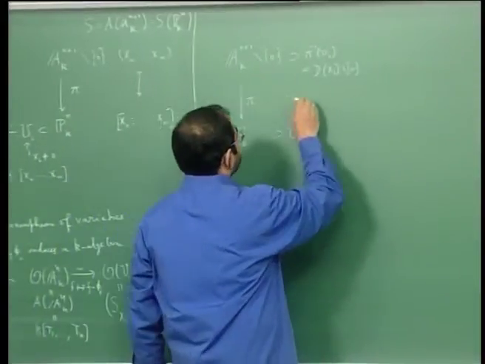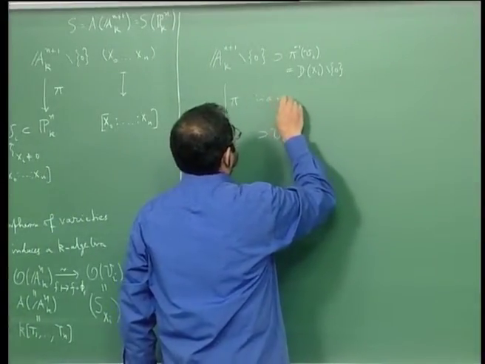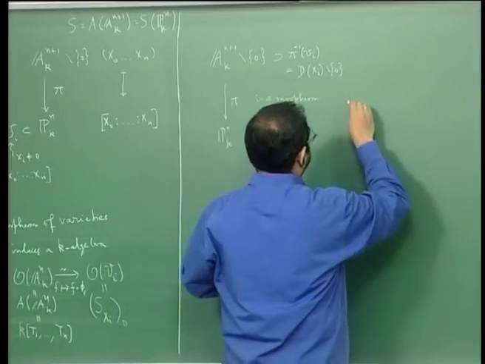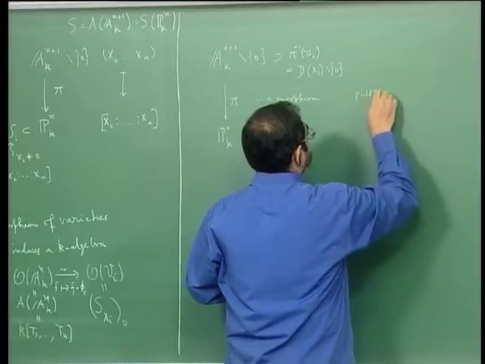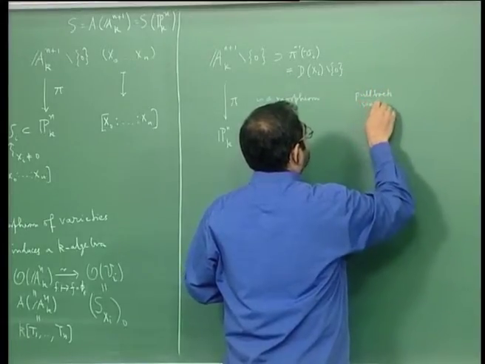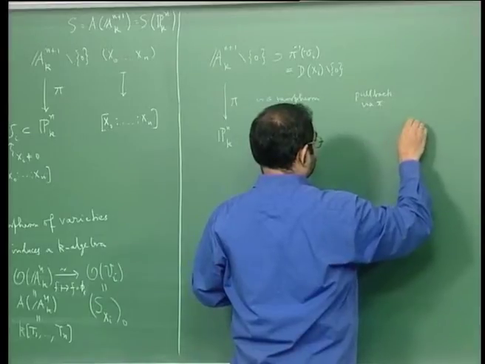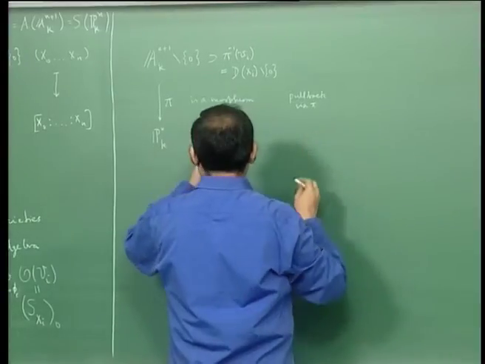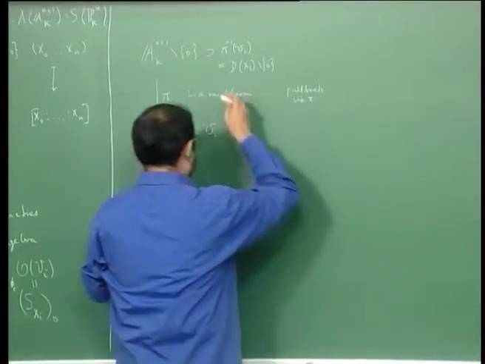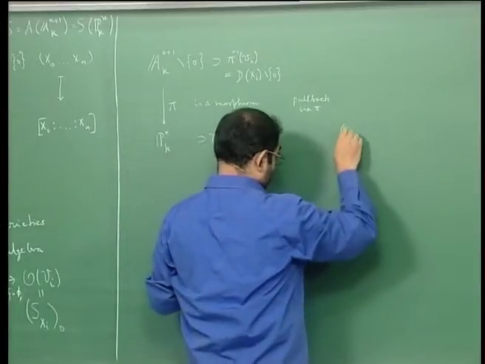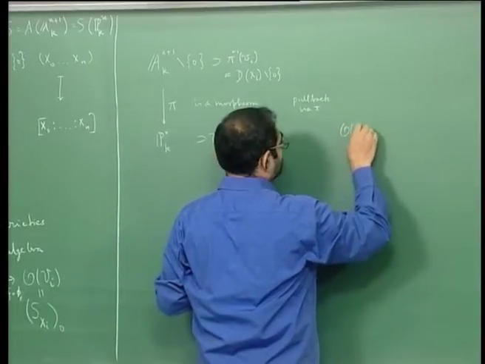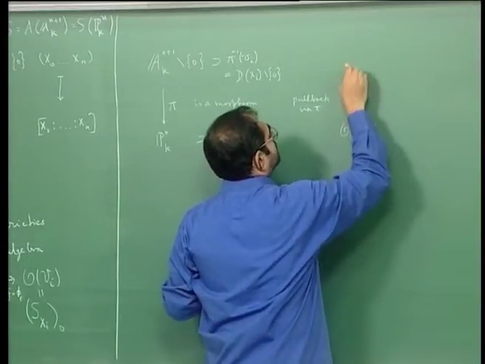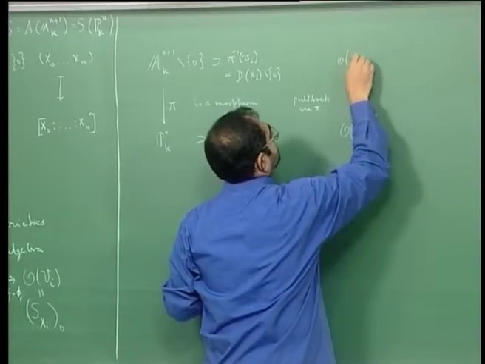So pi is a morphism of varieties, and therefore pullback via pi will give me a map from regular functions here to regular functions there. So I'm looking at pi restricted to this, and I'm going to get O of ui to O of pi inverse ui.